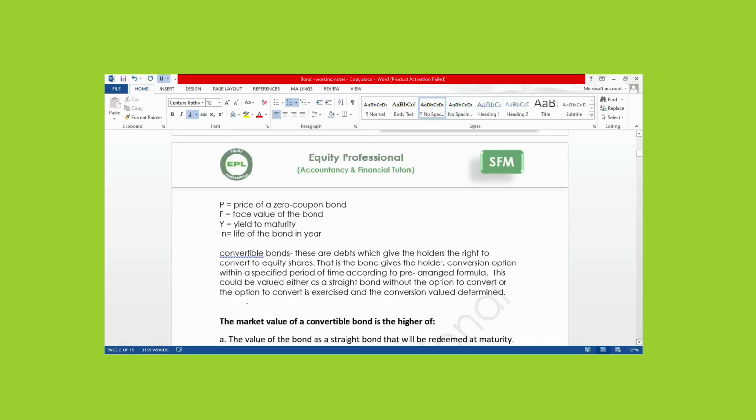Principal repayment will stop. As soon as a bondholder exercises his right of conversion, the company will stop paying interest, and the principal repayment will also stop.